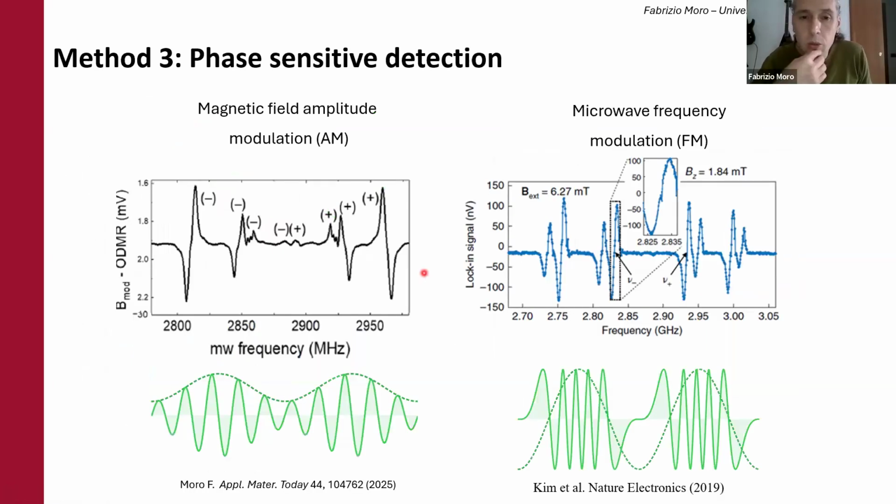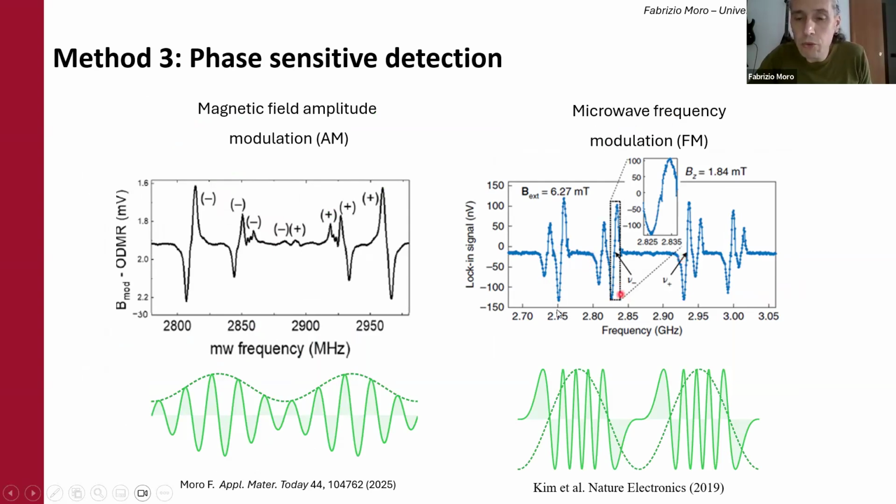So I would like to point out a very important difference that has probably been overlooked in the past. When you apply the magnetic field amplitude modulation, which is the case I report here, you get first derivative signals. But what people usually do in ODMR with the NV center is modulate the microwave frequency.